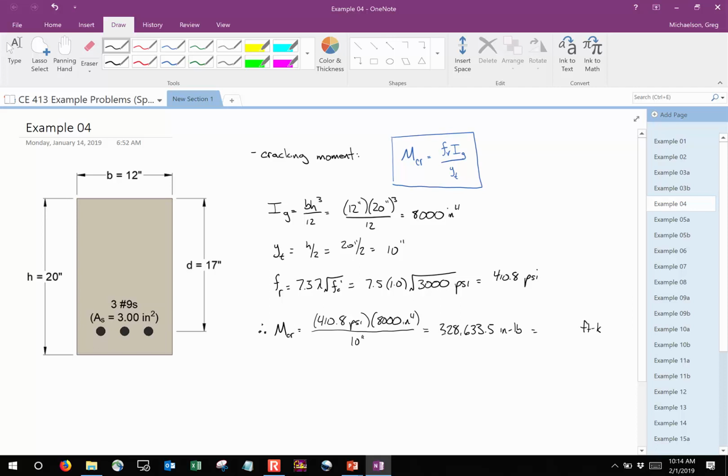What do we do? No. Not by 144. We're not doing inches squared and foot squared. We're dividing it by 12 and then dividing it by 1,000. So what can we quickly divide it by? 12,000. So if we divide that by 12,000, what do we get? 27.4 foot kips. Okay, is everybody okay with that?